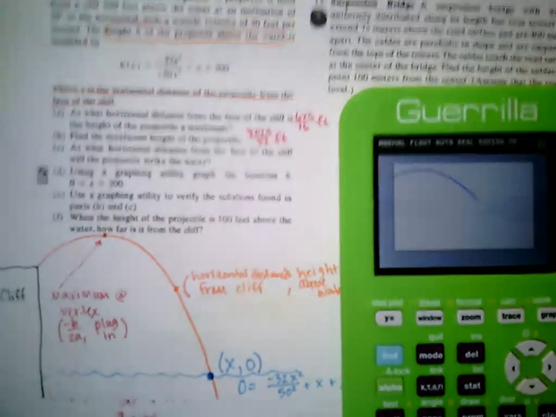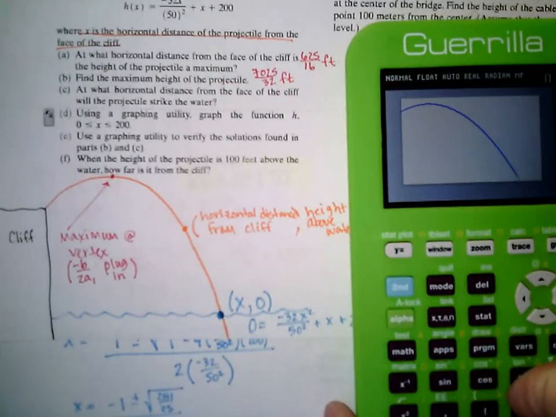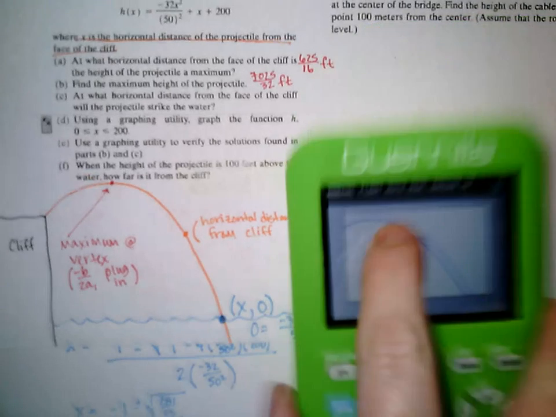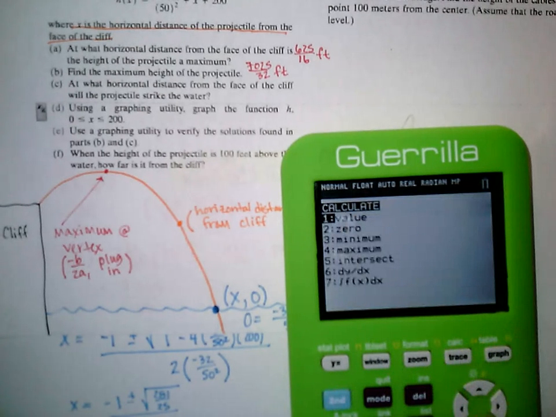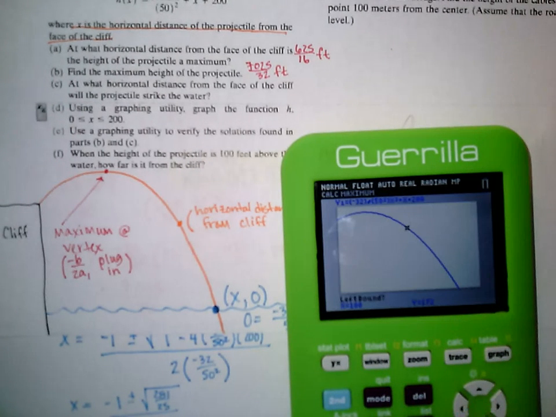So there goes my projectile off the cliff and hitting the water. And then I can verify that by finding the maximum here. So second calc, find the maximum. Let's see. Go to the left bound, right bound, guess.